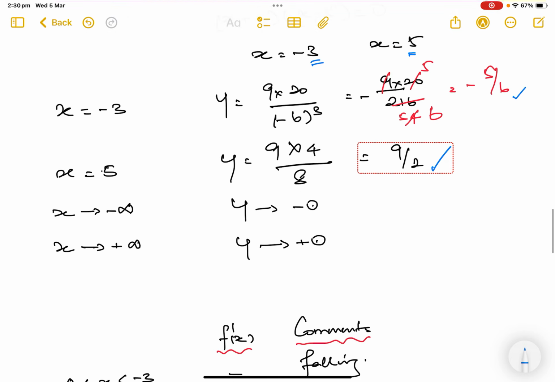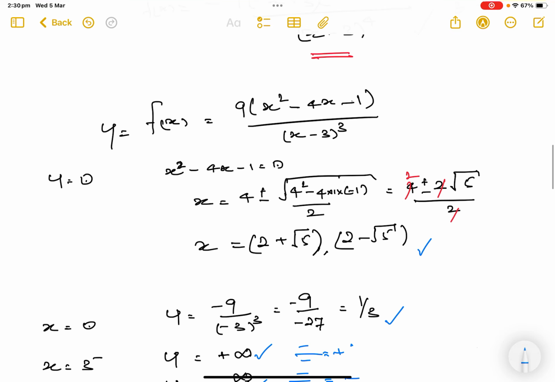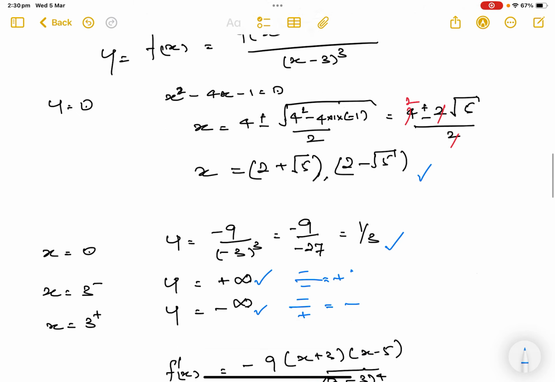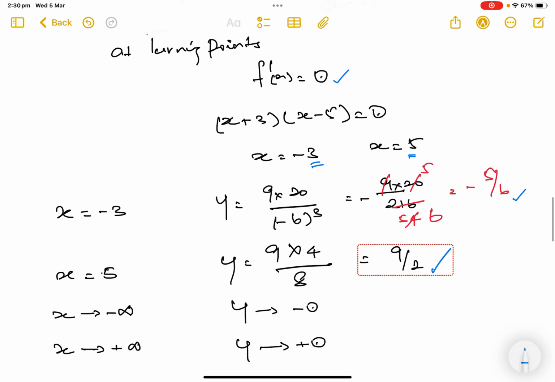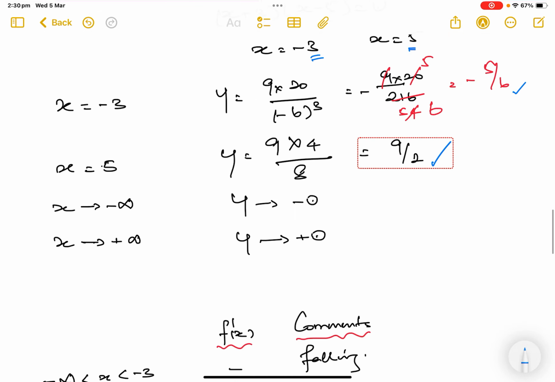So if we put minus infinity into f(x), minus infinity to the power 3 is minus, and on the top is x squared, infinity squared minus infinity is positive infinity, so it's positive over negative, which is equal to negative.